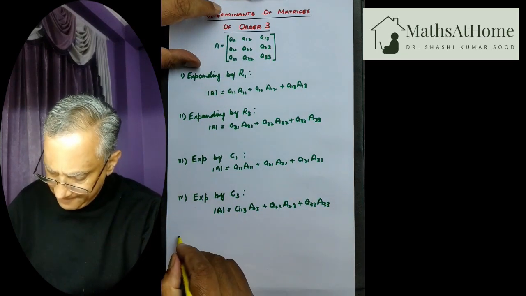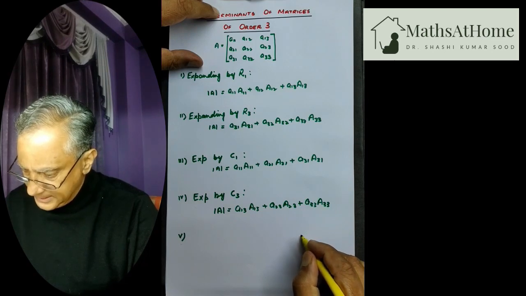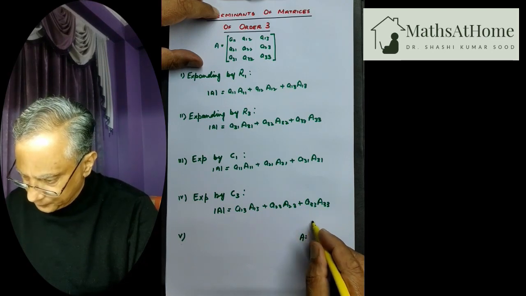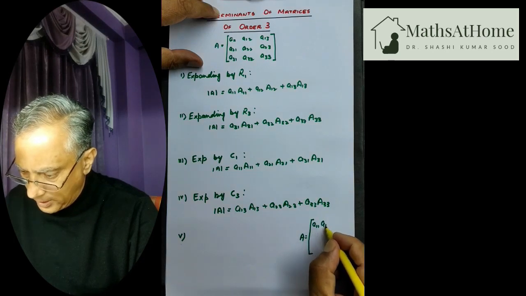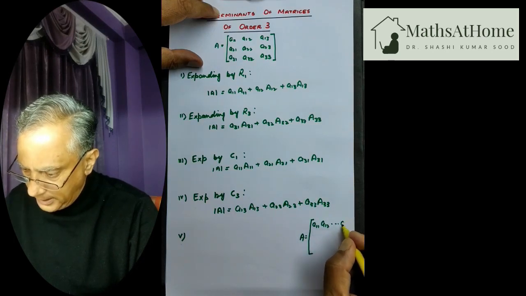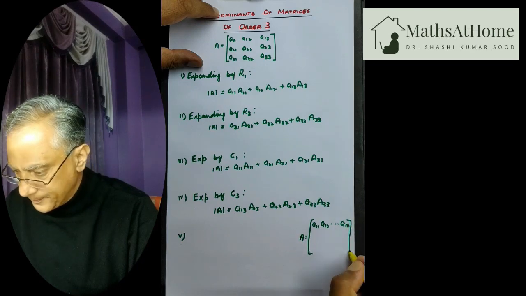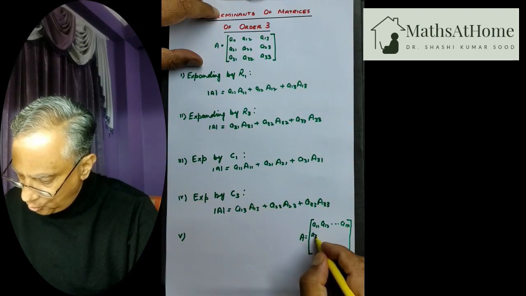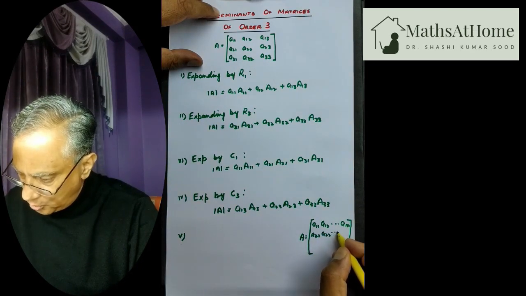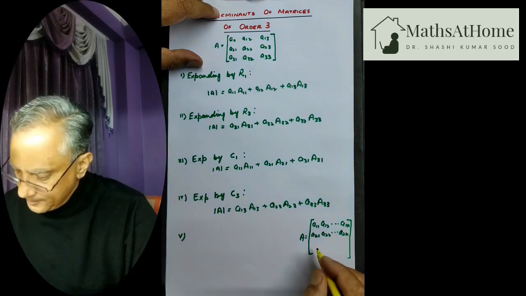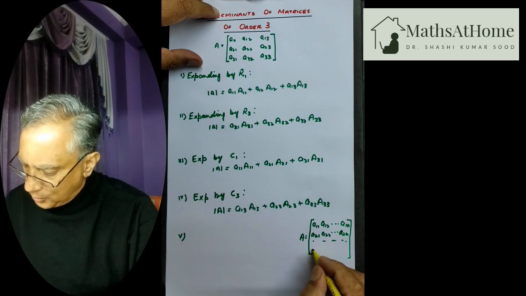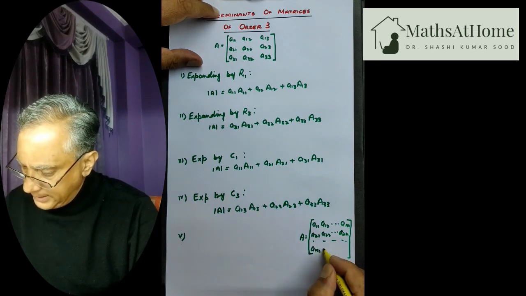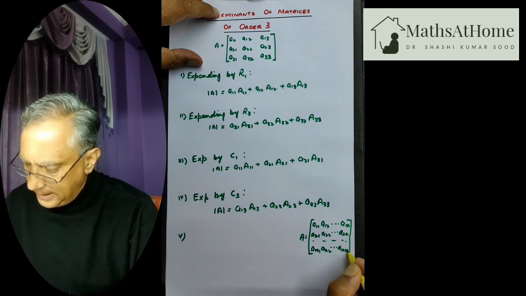And similarly, if say A is equal to this much, say a11, a12 up to so on a1n, and a21, a22 so on a2n, and so on up to nth row, so this will be an1, an2 up to so on ann.